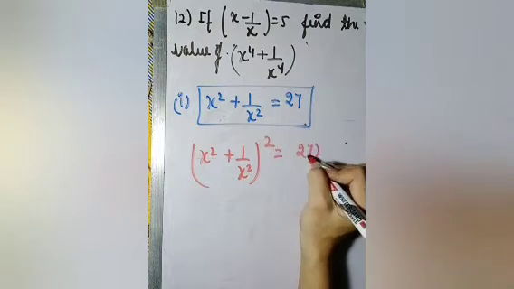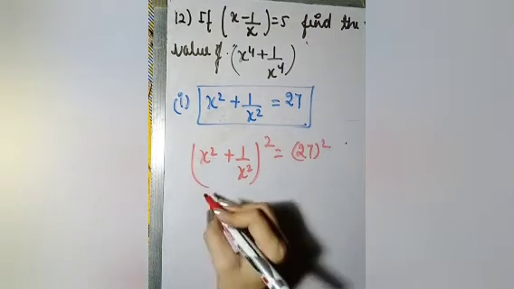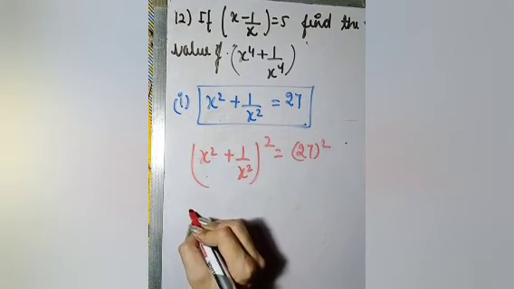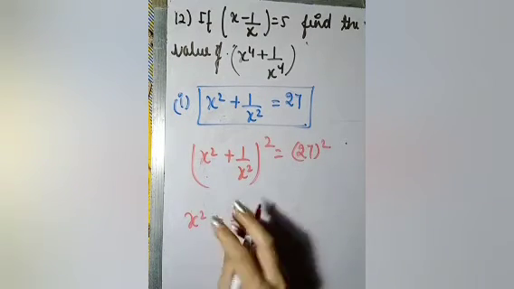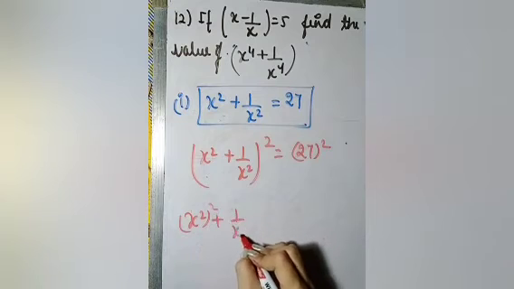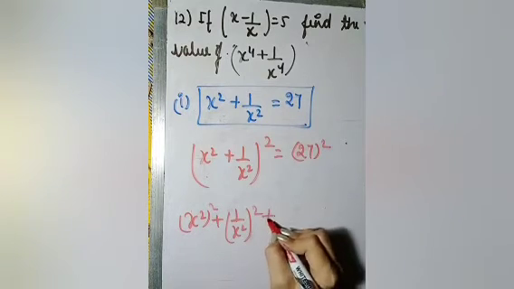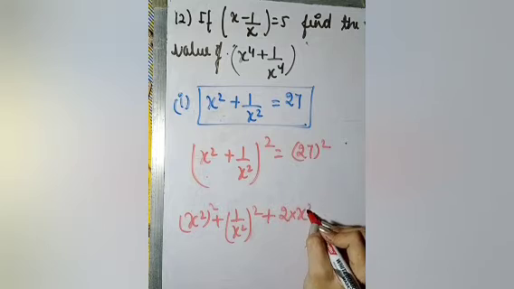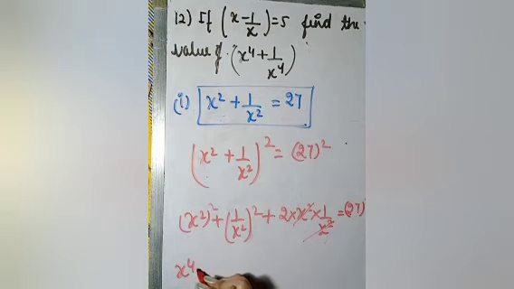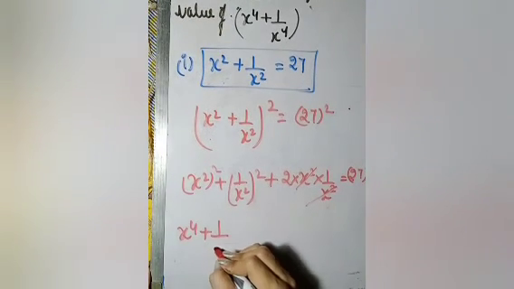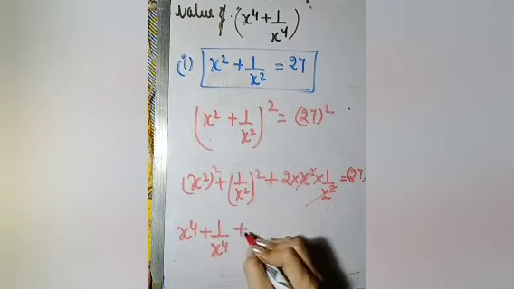Now the square of 27, it will be (a plus b) whole square: a square plus b square plus 2 into a into b equals 27 square. Now see, x square and x square cancel. This is x to the power 4 plus 1 upon x to the power 4 plus 2.